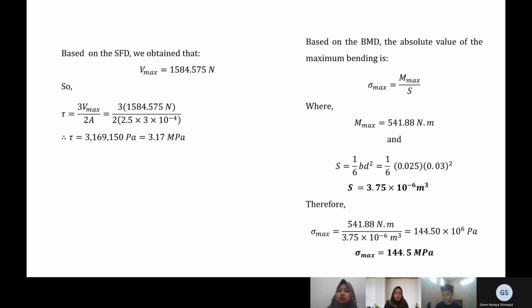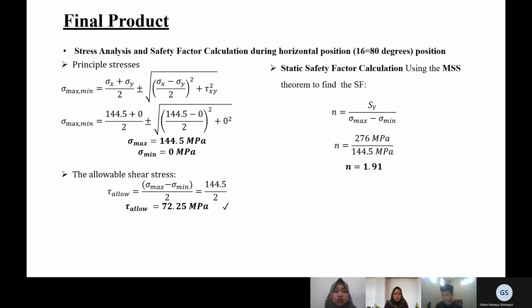Therefore, we get the sigma max is equal to 144.5 megapascal. For the stress analysis and safety factor calculation, the principal stresses are sigma max equal to 144.5 megapascal and the sigma minimum equal to 0 megapascal.